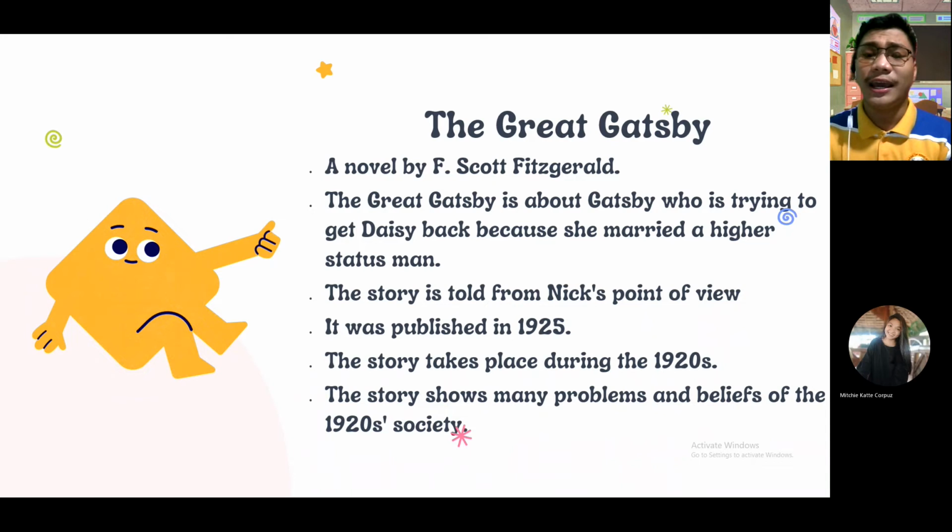As we go along in analyzing this novel, we're going to talk about the problems and the beliefs of the society during the 1920s, as shown through The Great Gatsby.